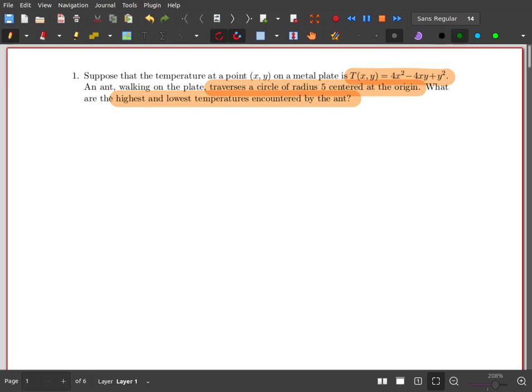So the question gives us some function that describes the temperature and some condition that this ant needs to follow. So this is an optimization problem. And in this course, the technique that we've learned to solve optimization problems is the Lagrange multiplier technique.